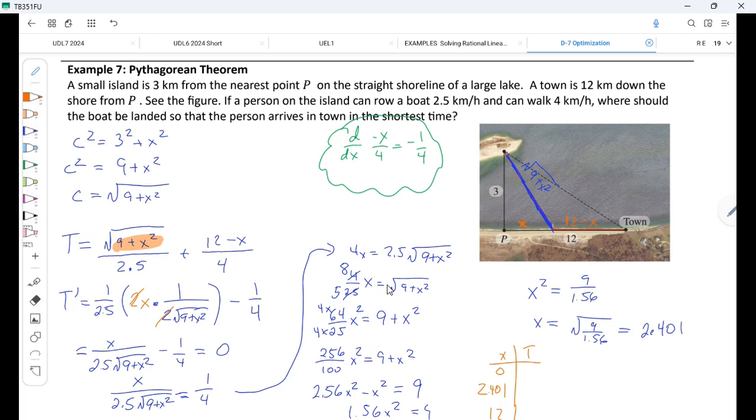If I make x bigger than 12, then the red distance is negative. So those are my endpoints. X, the distance I've saved by rowing diagonally, cannot be any smaller than 0, and it cannot be any bigger than 12. It's another way of thinking about it. So we need to get our T of 0, our T of 2.401, and our T of 12.